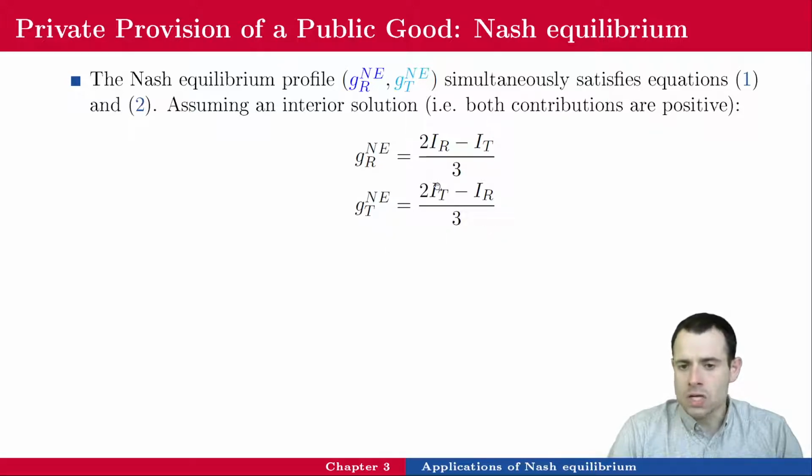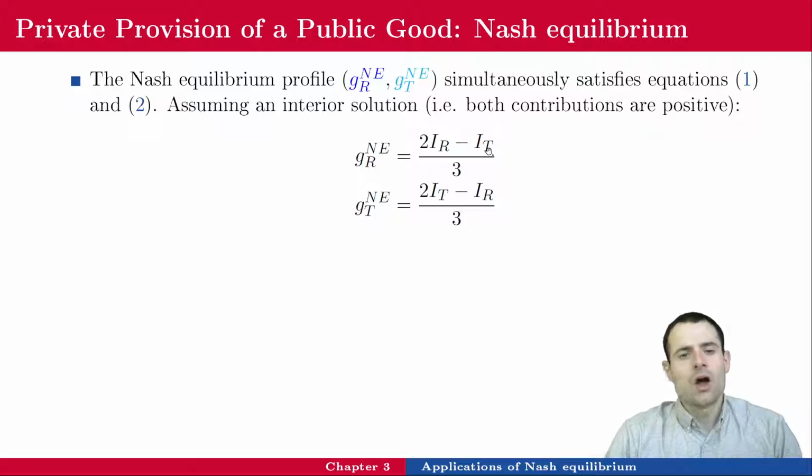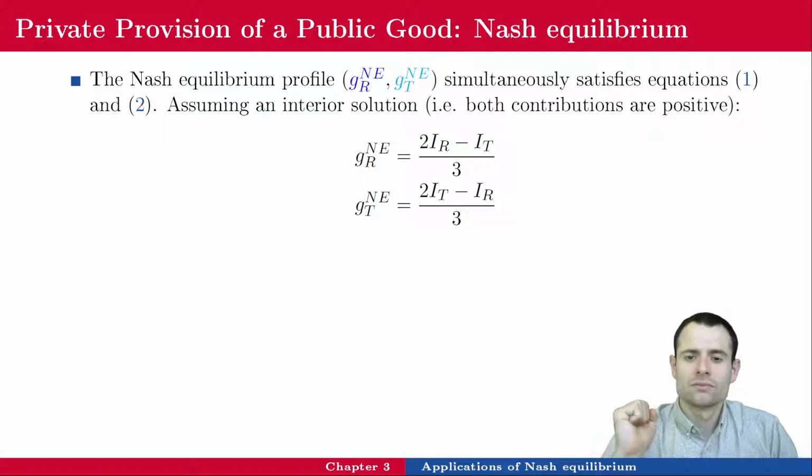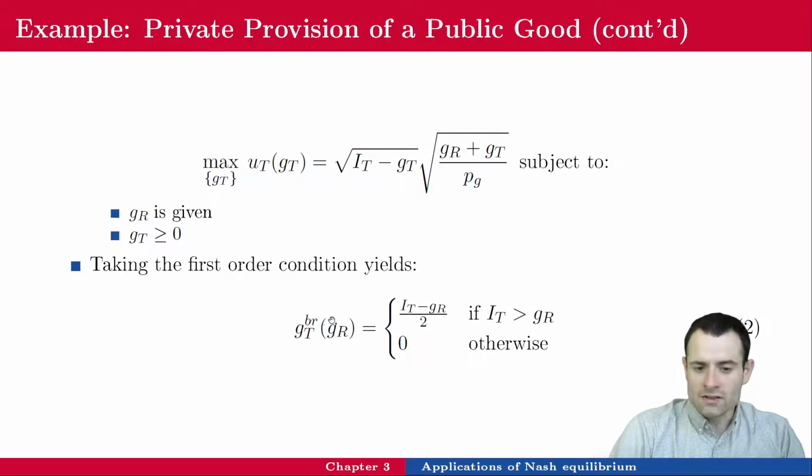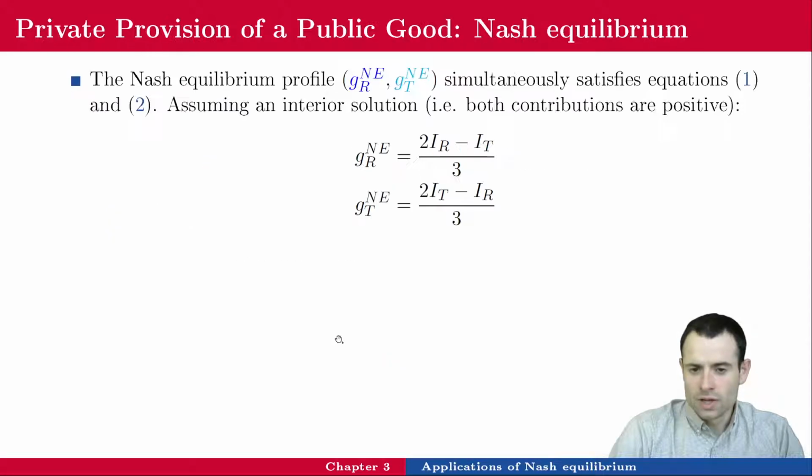It depends on fixed, exogenous variables. IT and IR are numbers which are given to you at the beginning of the exercise. When I look at best responses, I get one variable as a function of the other. Here, this is an actual number.